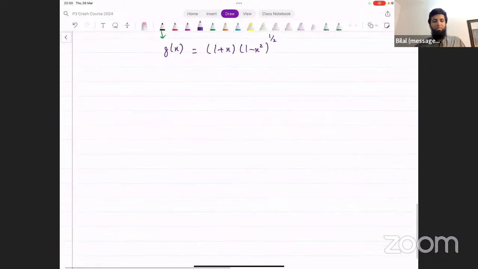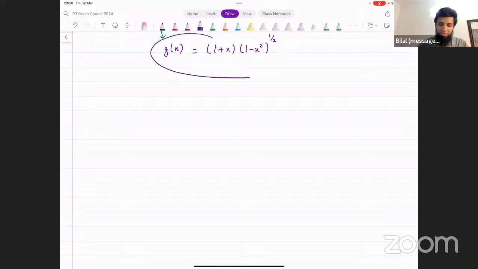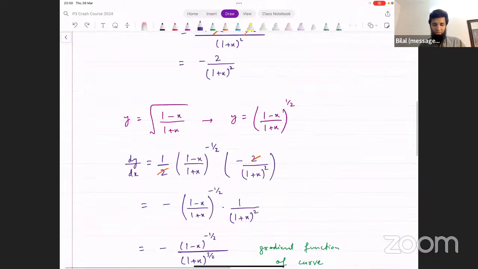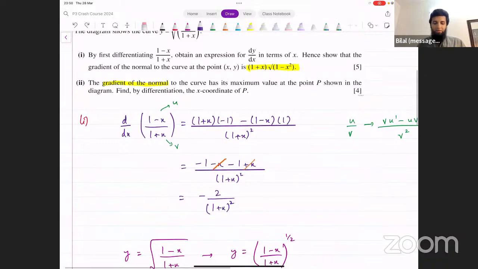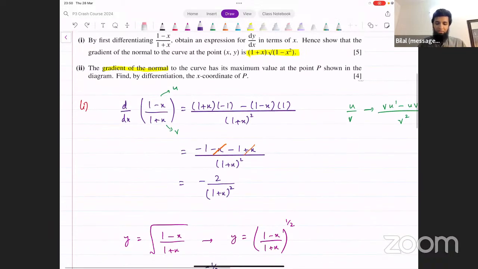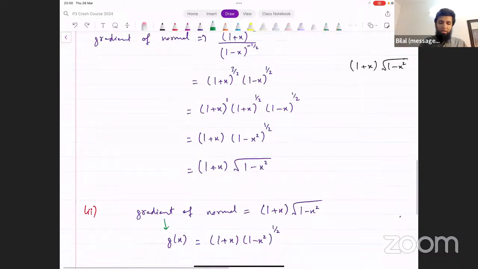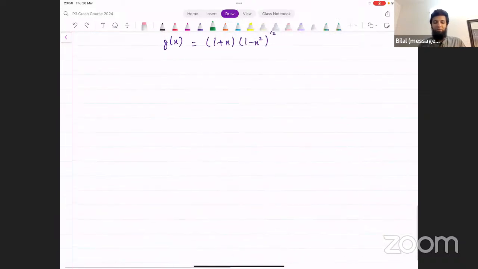The problem is just finding the maximum value of this function, or in fact, just the x coordinate of that value. So treat this as a new function, g of x.